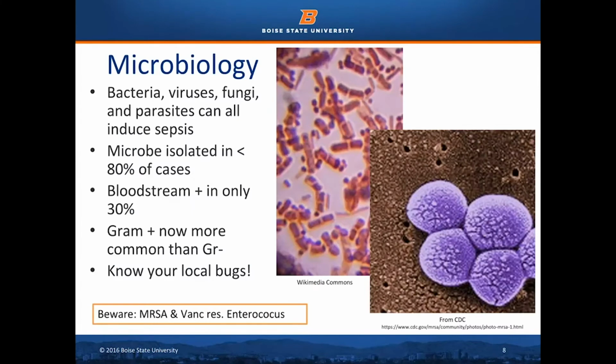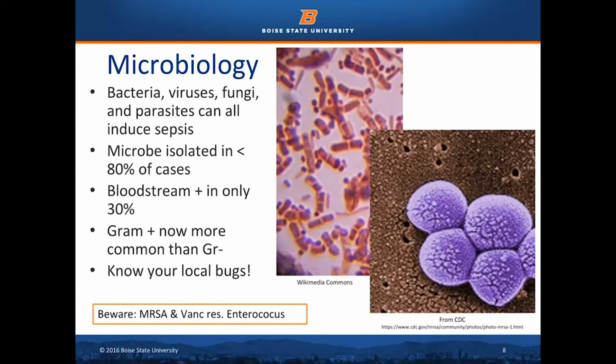So the microbiology, you would think that there would be a big difference in terms of sepsis from bacteria like gram-negative organisms or gram-positive organisms like meningococcal infection, or the viral or fungal. The reality is, I think bacterial, you could generally say, induces a little bit more of an intense response.